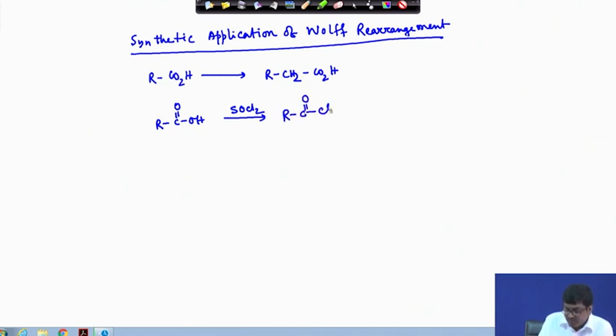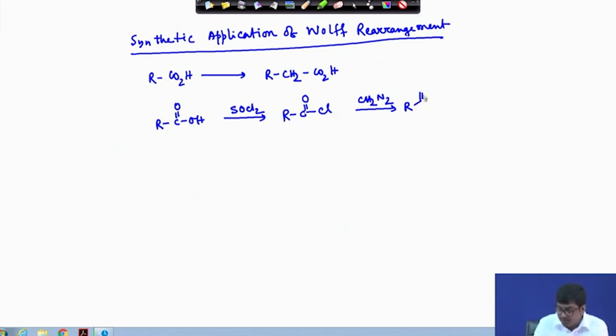this acid chloride. Once we have generated that, then in presence of diazomethane, that will react at this electrophilic center and give you the corresponding alpha diazo keto compound.